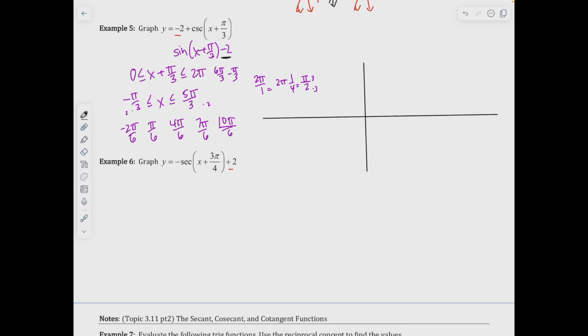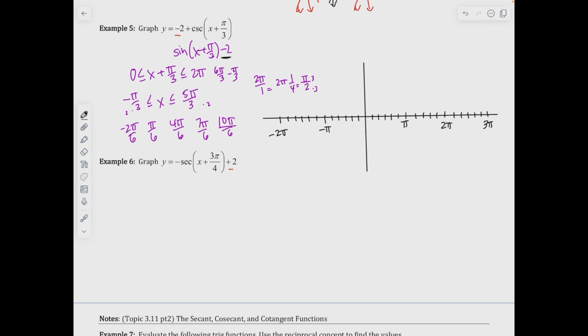So denominators of 6, 1, 2, 3, 4, 5, 6, and so on, like that.